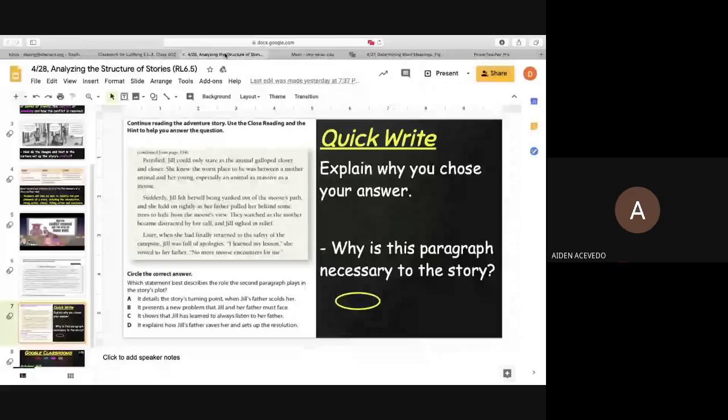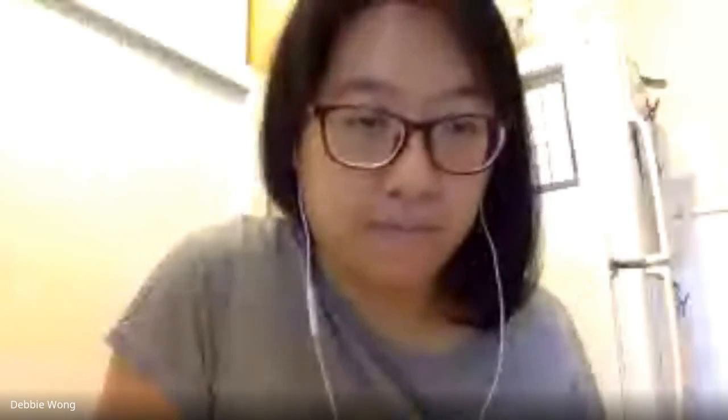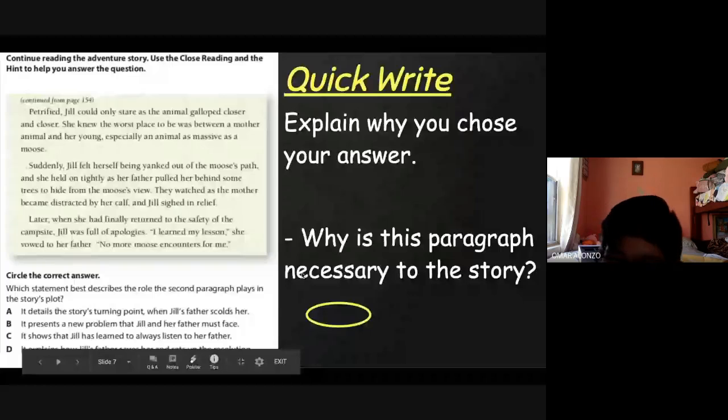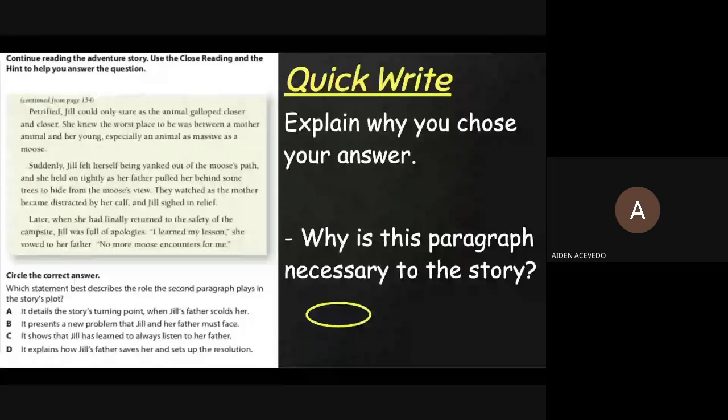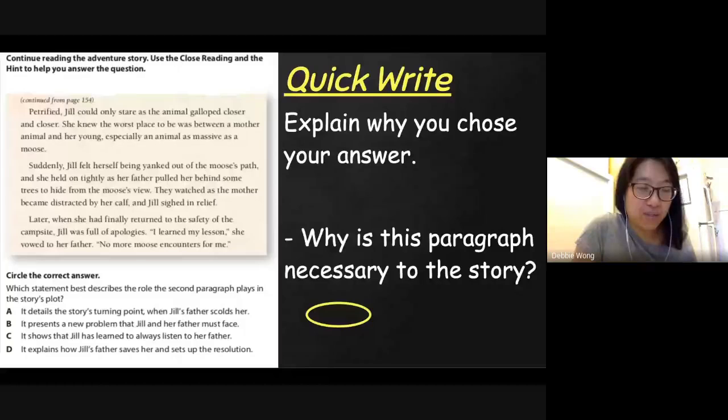Aiden, nice and loud. I can't hear you. Can you put it close up because I can't see it. I've got to present. Give me one second. It's still blurry. You've got to wait for it. So let me read it again. Go ahead, explain your reasoning.